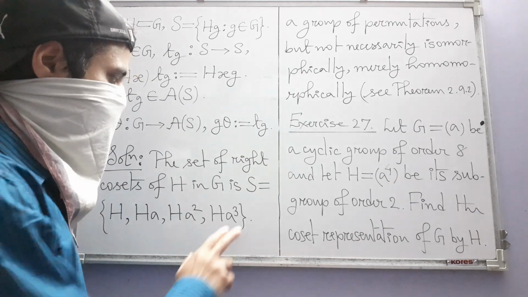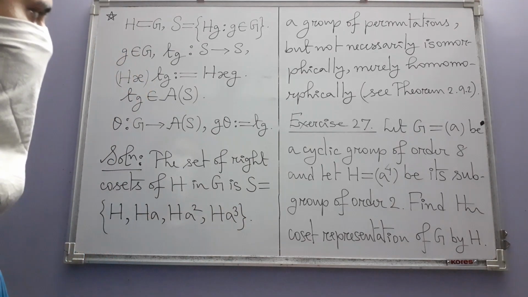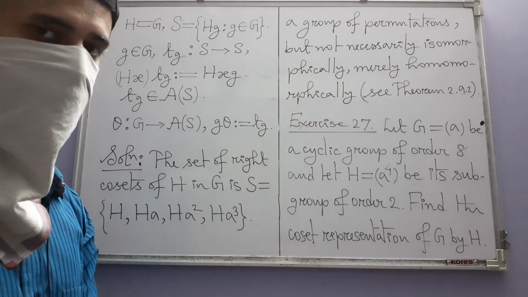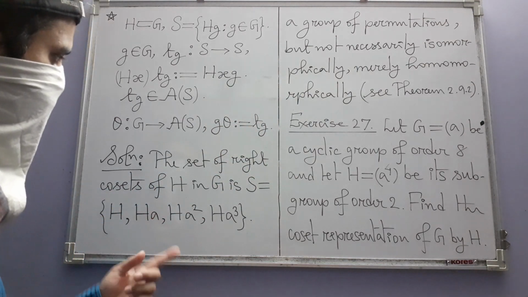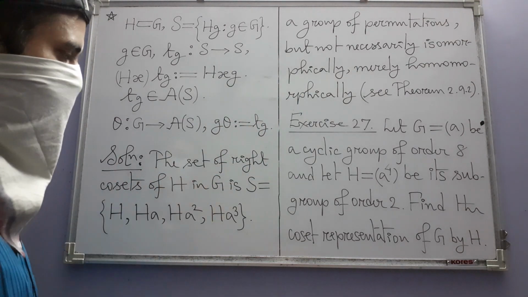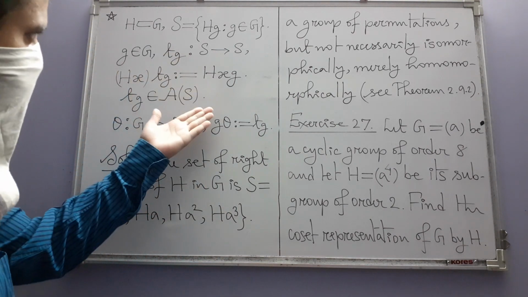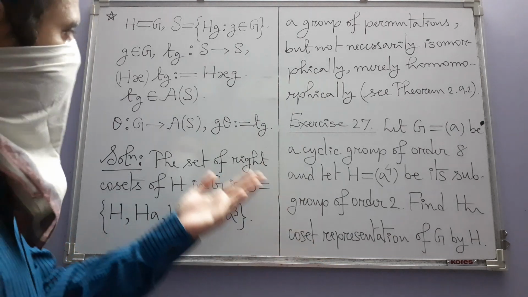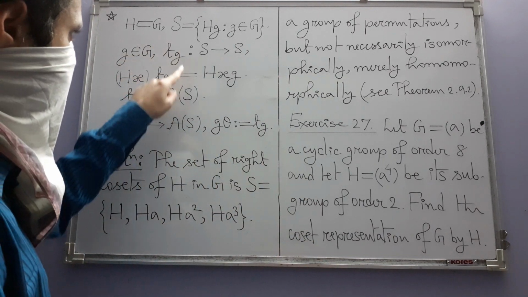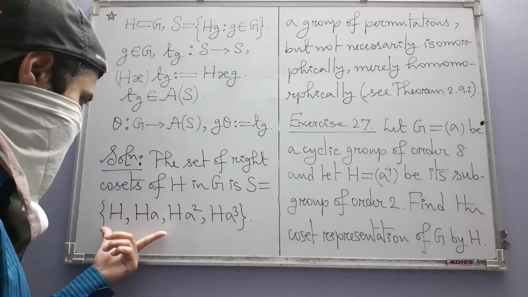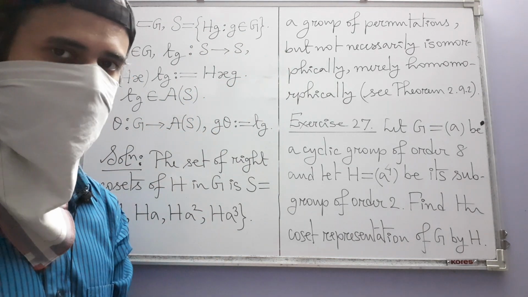So keep in mind that because we are after all doing what? We are going to find these functions Tg for every G coming from the original group. And already the theory says, or we have seen, that these functions Tg are going to be permutations of S, that is permutations of these four symbols.